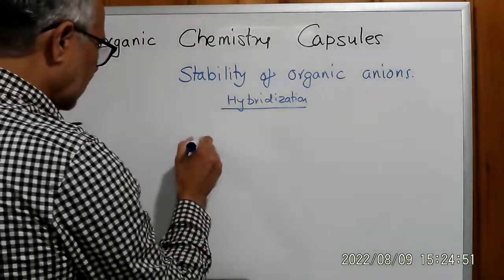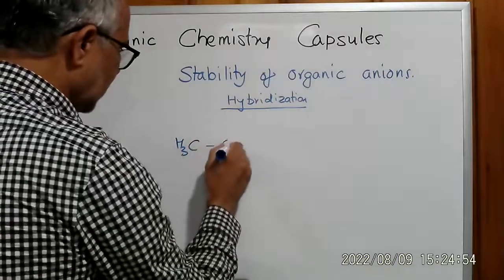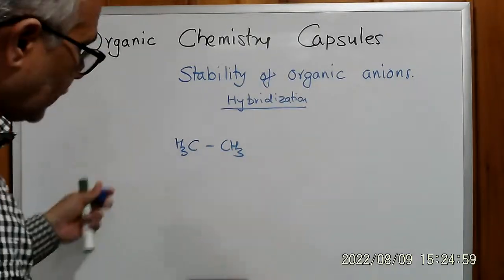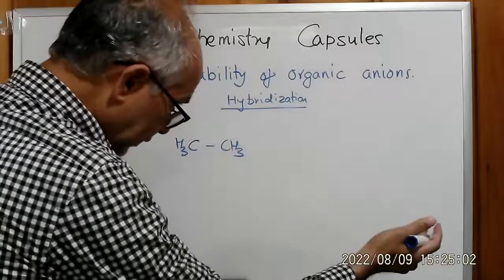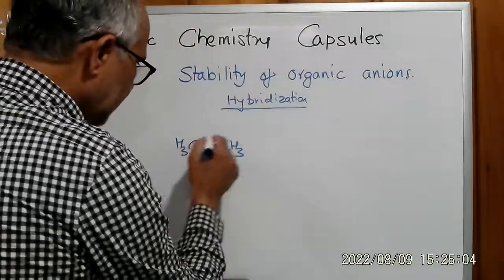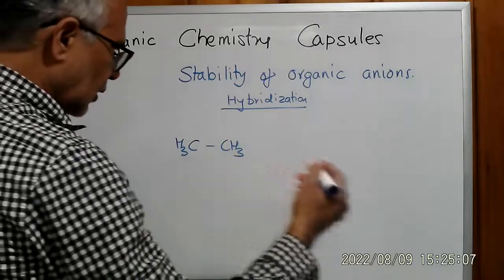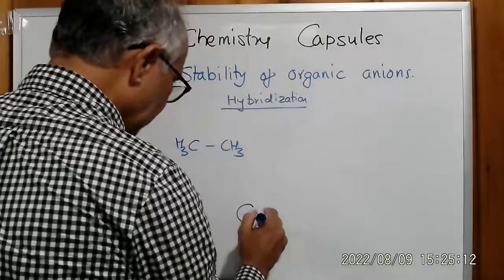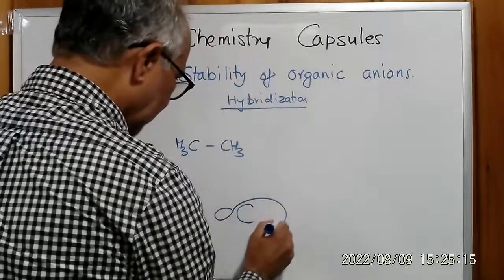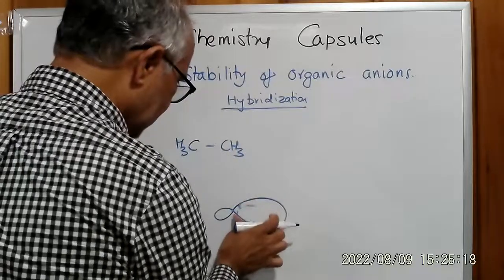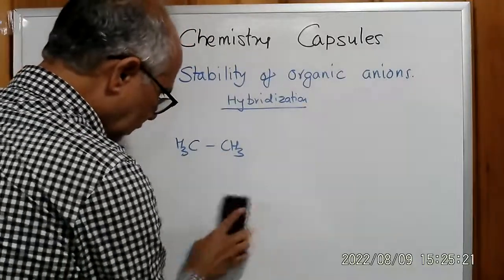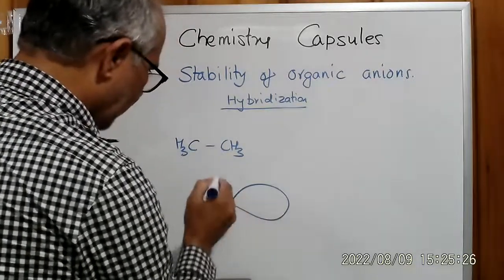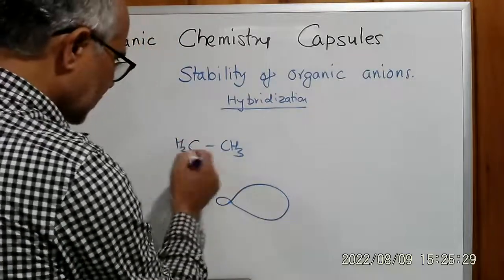Methane is an alkane. The next higher alkane is CH3-CH3. So again, each carbon is forming 4 bonds. Now we saw the sp3 hybrid orbitals forming. So each carbon hybridizes, forms 4 sp3 hybrid orbitals, and then each carbon uses, let's say, this is the sp3 hybrid orbital of the first carbon, on the left.